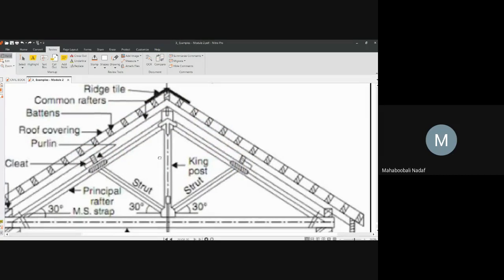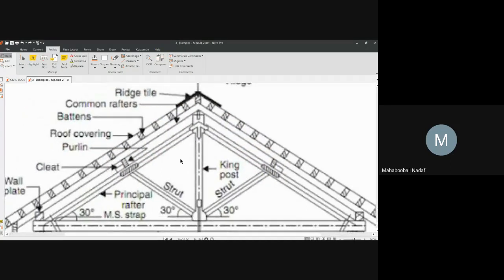See here, this is another view, with more components. In the previous one, we have seen only up to principal rafter, purlin, cleat, common rafter. Above the common rafter, you have these battens. Above the battens, you have what?